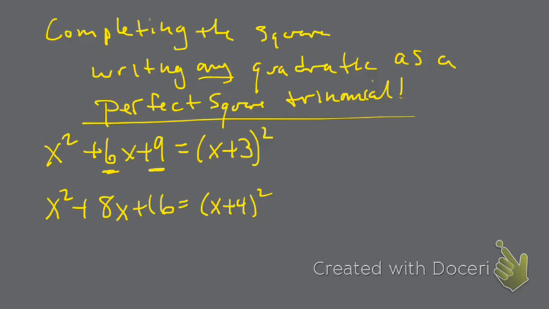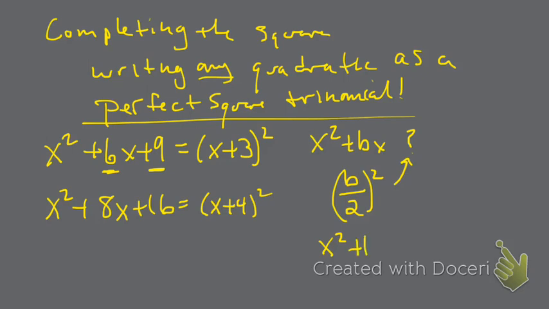And it's not very obvious, but in general, if you have x squared plus bx, if I want to know what this last number is going to have to be in order for it to be a perfect square trinomial, what I need to do is take the b value, cut it in half, and then square it, and that will work to complete the square, making it a perfect square trinomial.